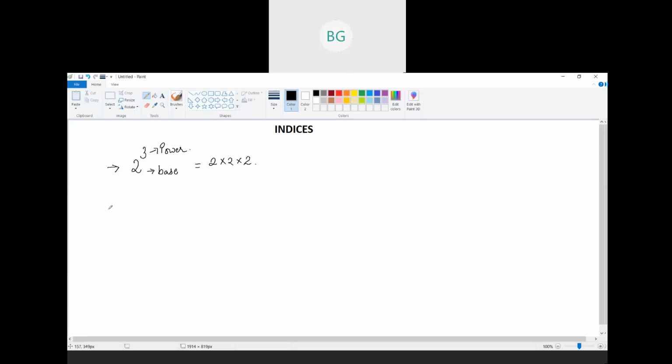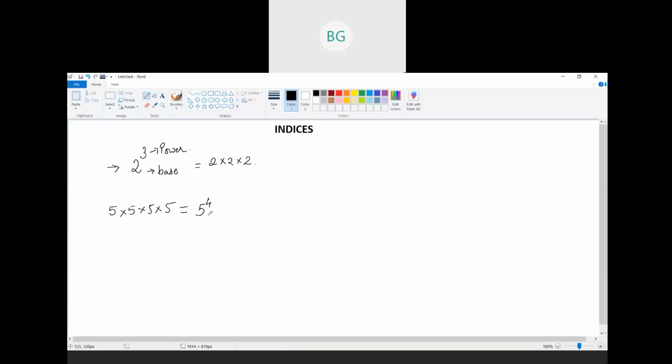Now if I have 5 into 5 into 5 into 5, how can we write this in exponent form? As we can see here, 5 is repeated 4 times. Yes, Sahil. So we can write this as 5 to the power 4, right?